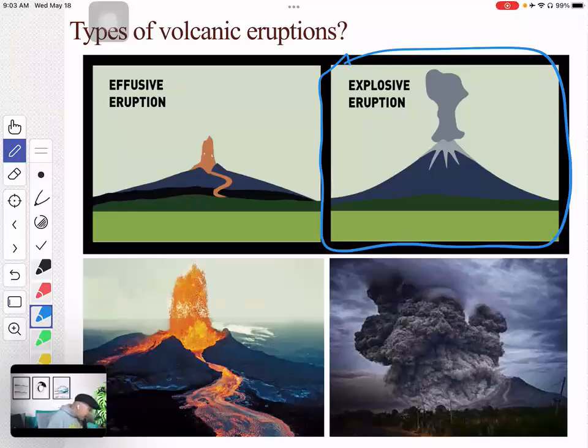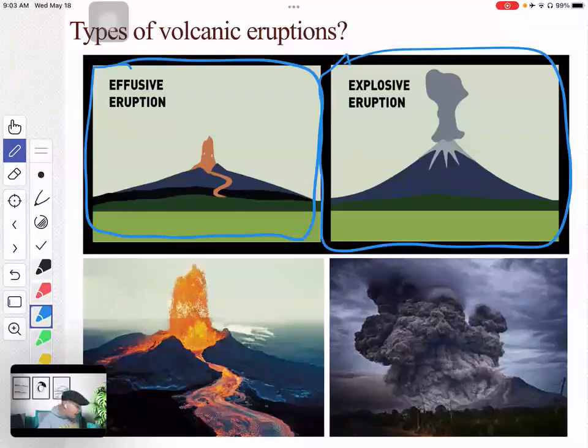On the other end, we have what we call effusive eruptions. In those, the lava just bubbles up to the surface and flows like a river, very fluid lava. Those are called benign eruptions because they do not cause loss of life. The lava, even though it moves a large distance from the volcano, always moves at a slow pace.